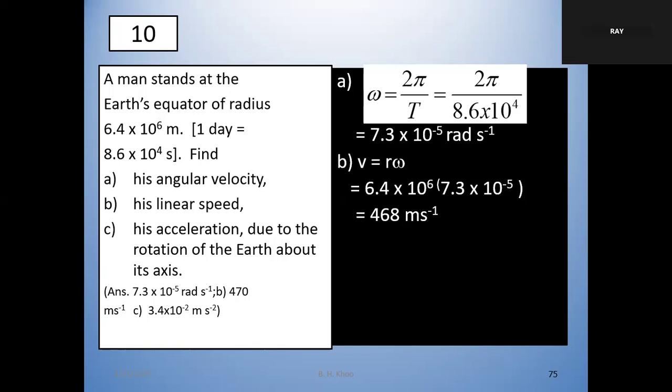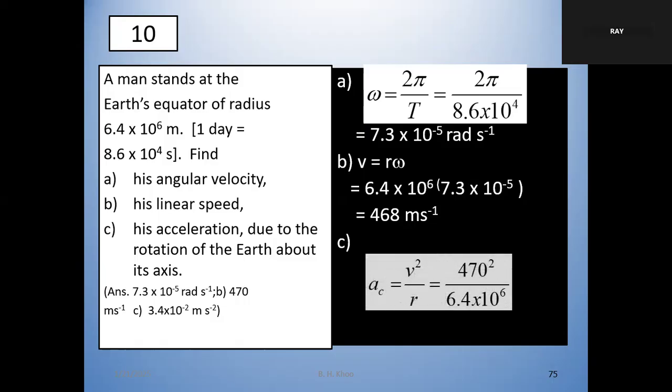Very small value, omega. Linear speed is 468 meters per second. Then the acceleration should be 3.4 times 10 to the power of minus 2.